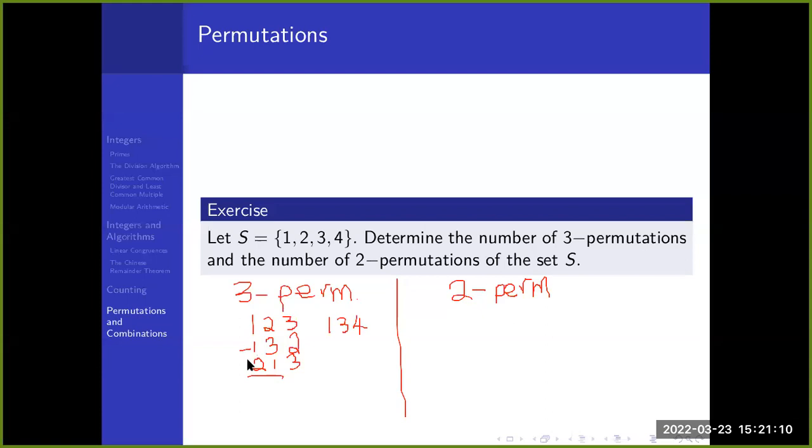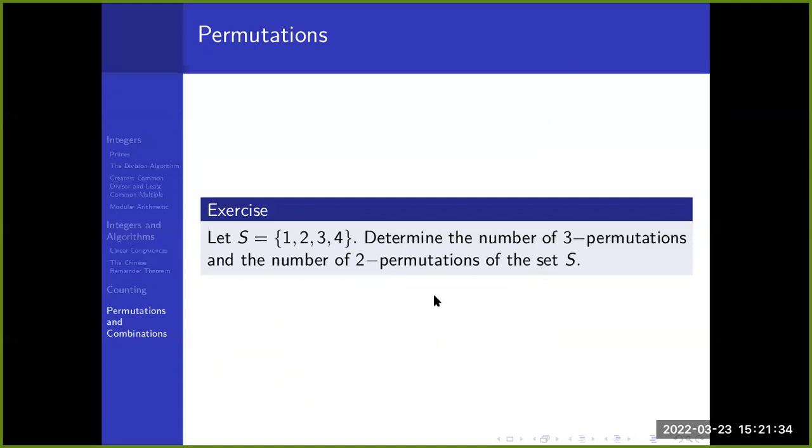So each of them is different. But you have 2 permutations. That means you pick 2 at a time and arrange them. So you have 1, 2. The other arrangement that is ordered is 2, 1, and so on. So you need to find all these 2 permutations and all of the 3 permutations. You should do that as an exercise in your own time.